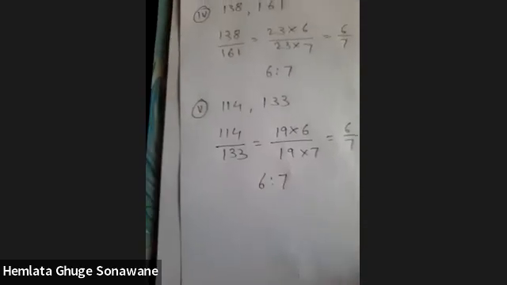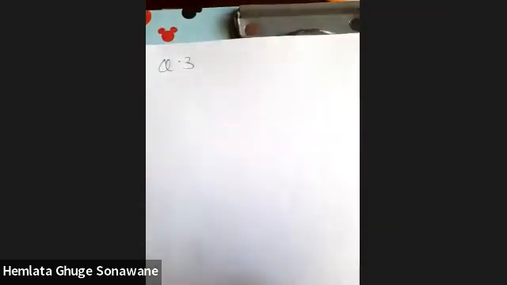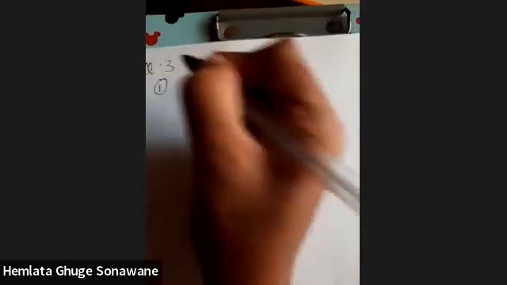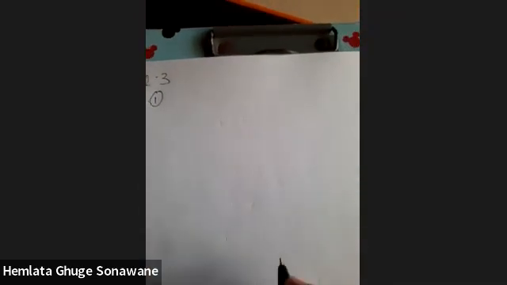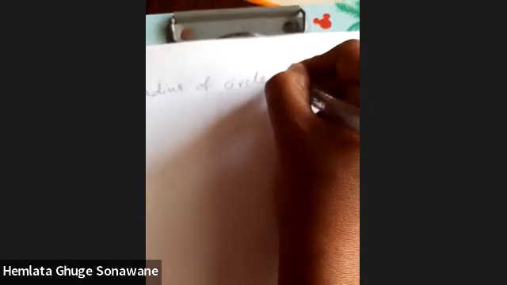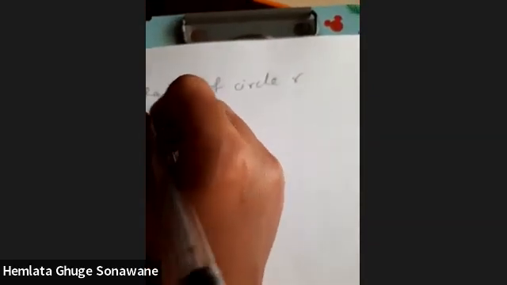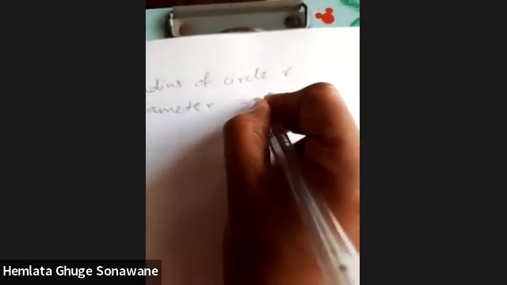We'll take question number 3 also. Question 3. Write the following ratios in the reduced form. First is radius to the diameter of a circle. Now radius of a circle is r, and the diameter of a circle is 2r.